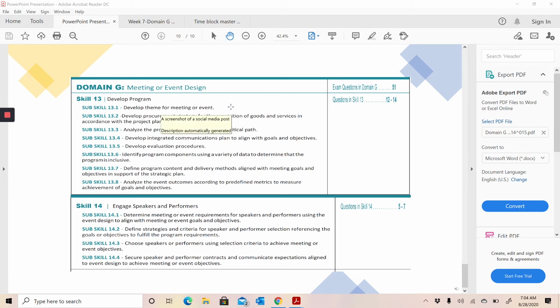So basically, when you come up with your theme, you want to find out the needs of the attendees, and then develop your goals and objectives, and then you develop your theme. When I think of the theme of an event, I always think of a holiday. If it's a Halloween party, you have a Halloween theme.